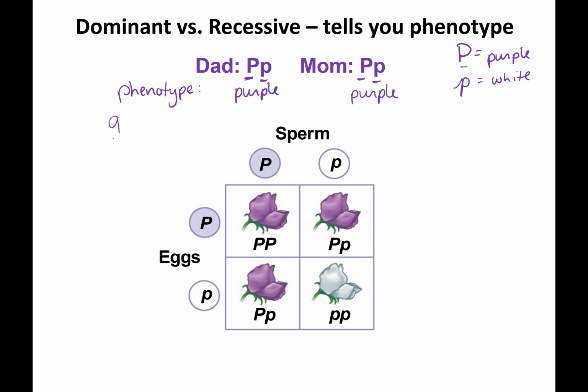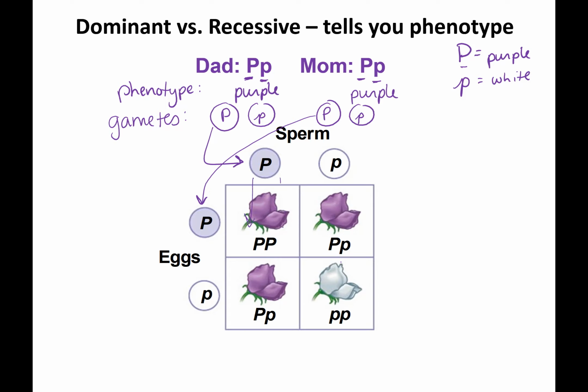When we get the gametes for these two parents, Dad has a big P and a little p, Mom has a big P and a little p. We put Dad across the top, we put Mom across the side. Doesn't actually matter which order you do it, as long as all of one parent is on the top and all of one parent is on the side.